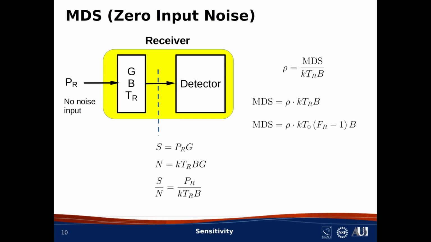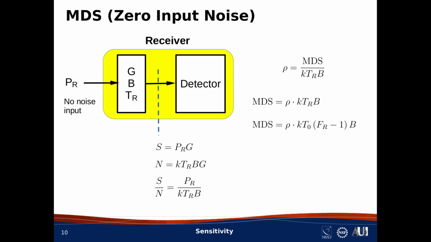Also, make sure that you have the right value of T naught. Now, almost always F sub r is defined with respect to T naught equals 290 Kelvin. That's the IEEE standard definition. However, from time to time, someone will have a different value of T naught in mind, and then the associated value of F sub r will be different.